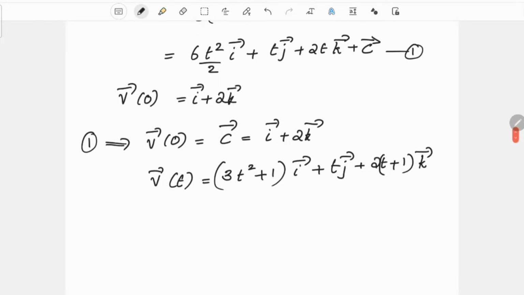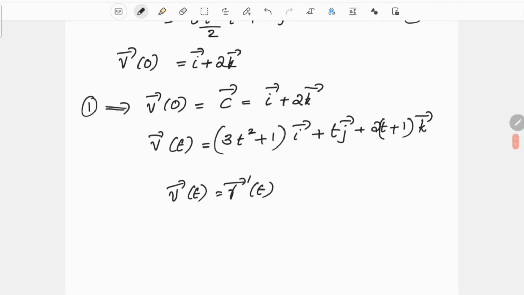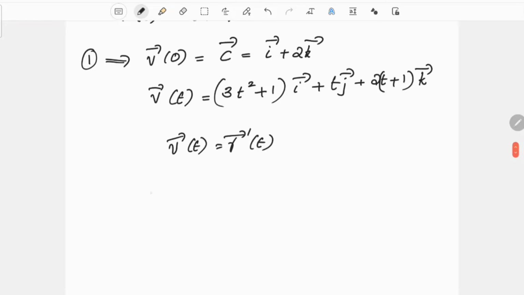Now we need to find the position vector of the particle, or r(t), and we have v(t) = r'(t). So to find r(t), we need to integrate v(t).